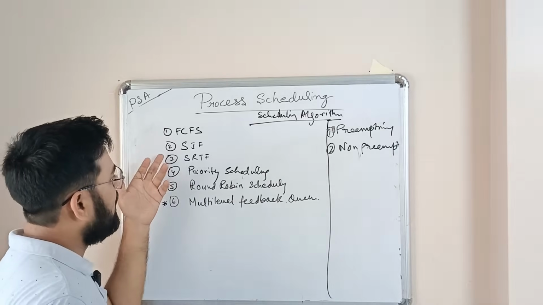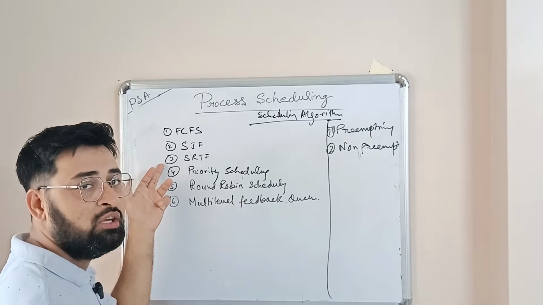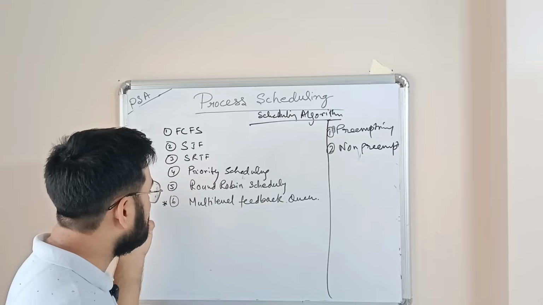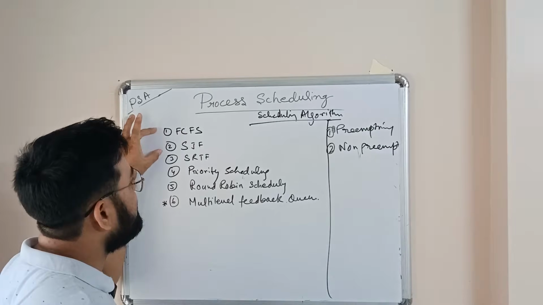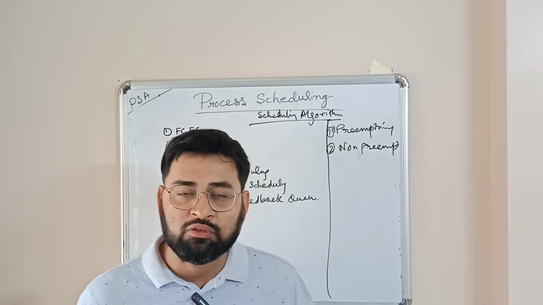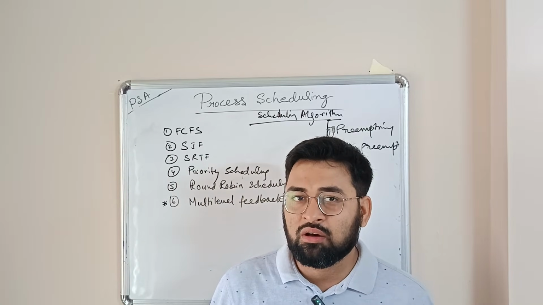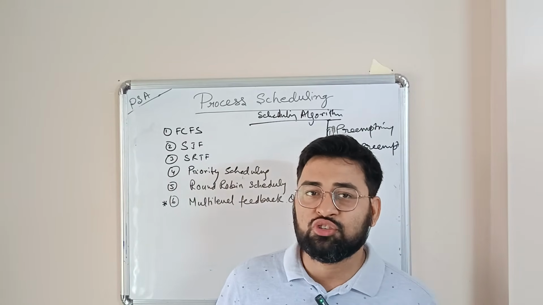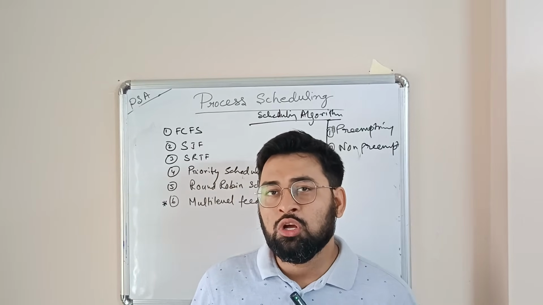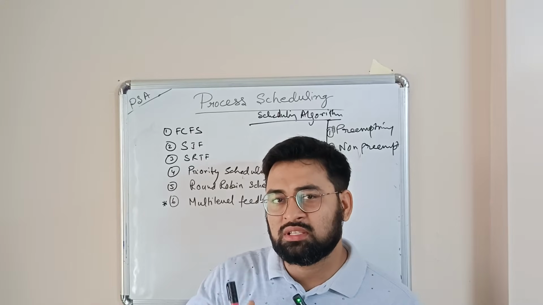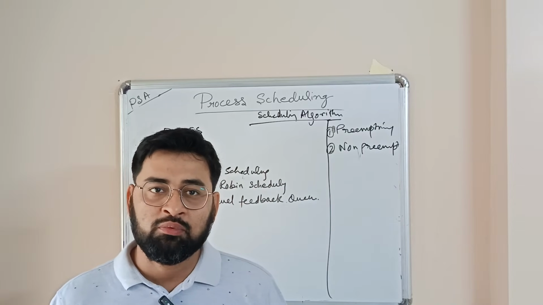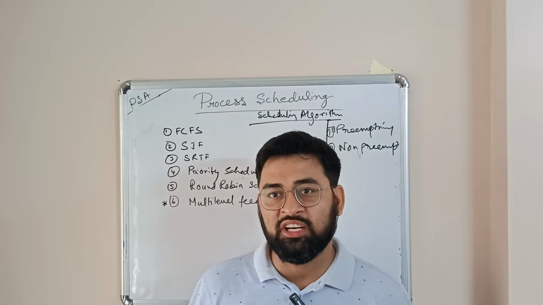You can see we have SRTF, which is based on preemption, priority with preemption, round robin with preemption, multi-level with preemption, except FCFS and SJF. FCFS means first come first serve, and the other one is shortest job first. These two algorithms are based on non-preemption mode. So that means once the process gets the control of the CPU, it will never give the control to any other process until it finishes its execution.